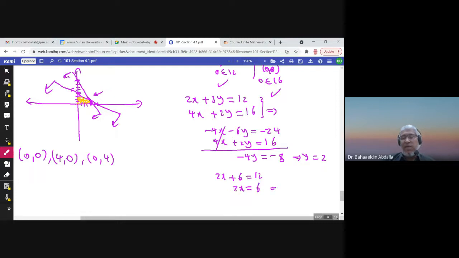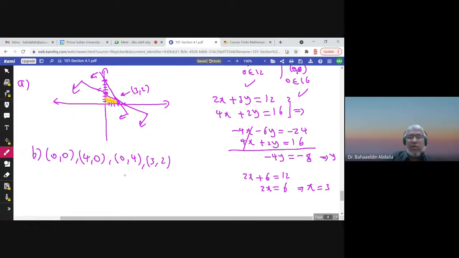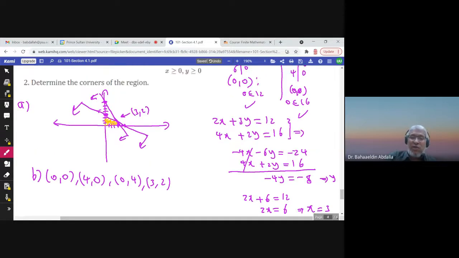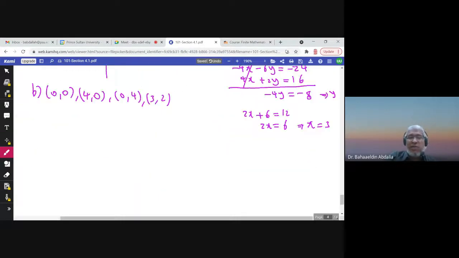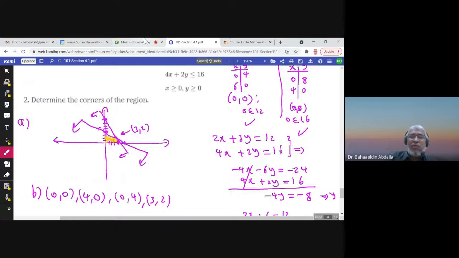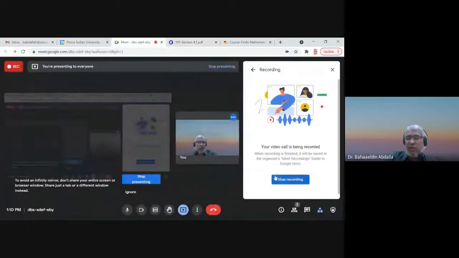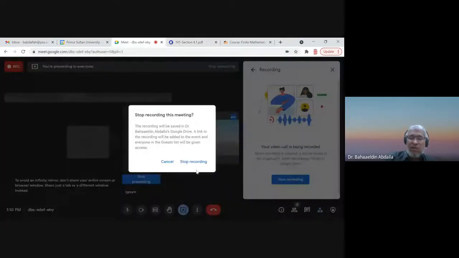So x is actually, as I expected, 3. So the answer is x is 3, y is 2. So this point has coordinates 3 and 2, and there are 4 corner points of this region. This is the end of the section. I hope you understood how to sketch the graph of inequalities.